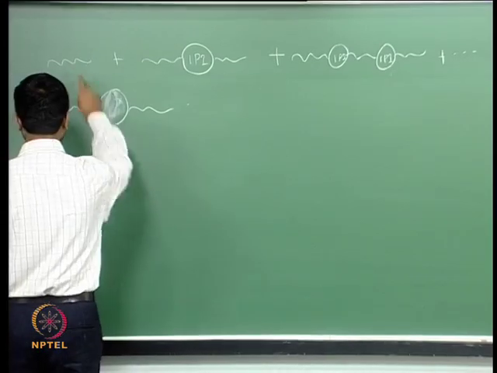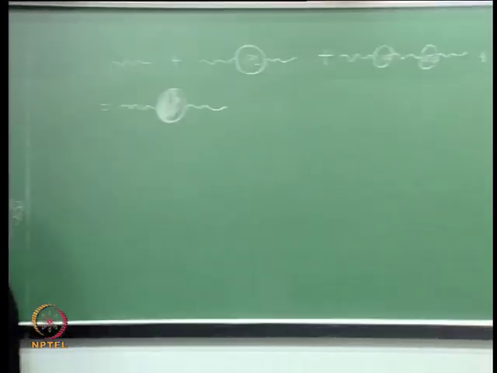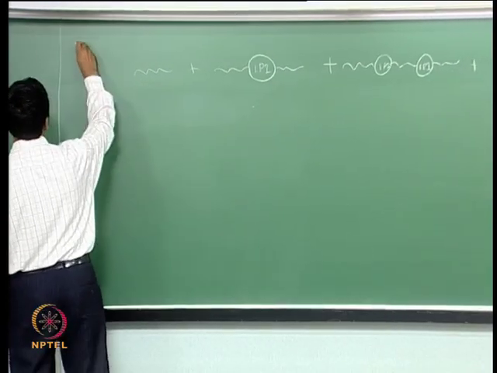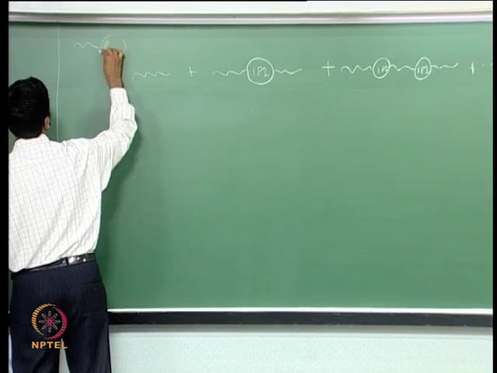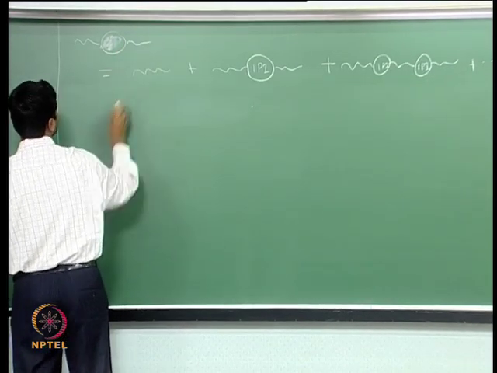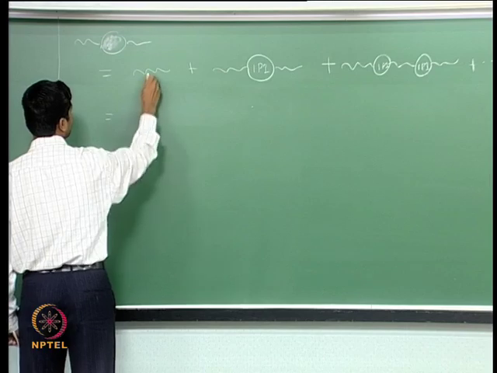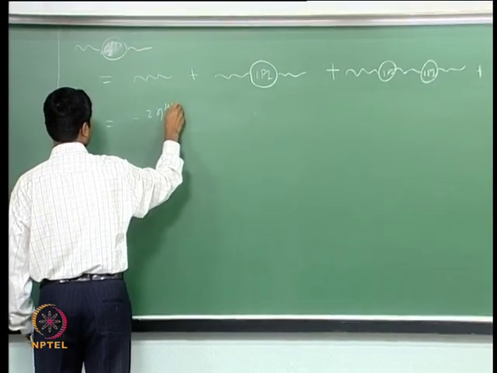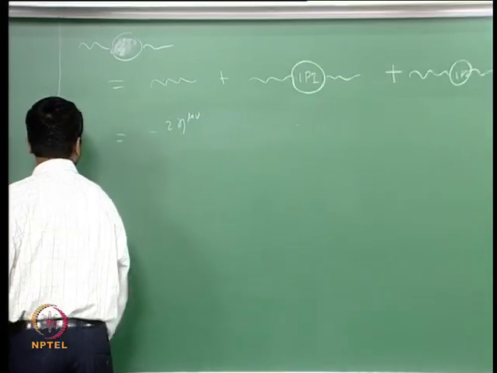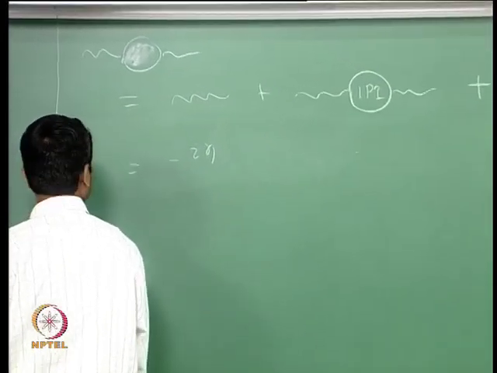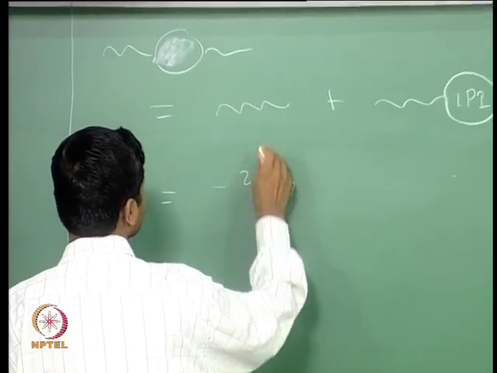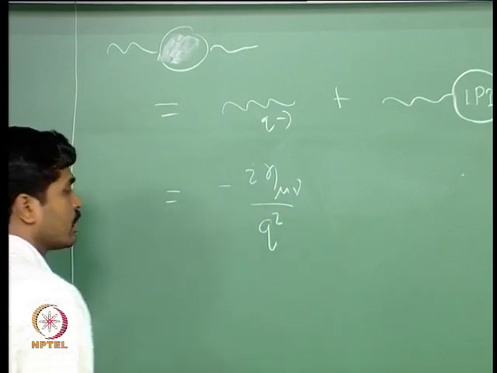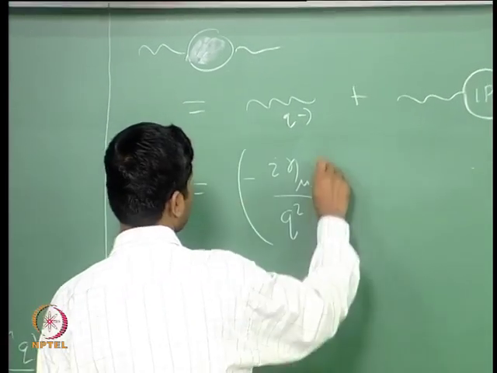So, the tree level term will give me minus i η_μν, where q is the momentum, then this will simply be over q². This is from this term.